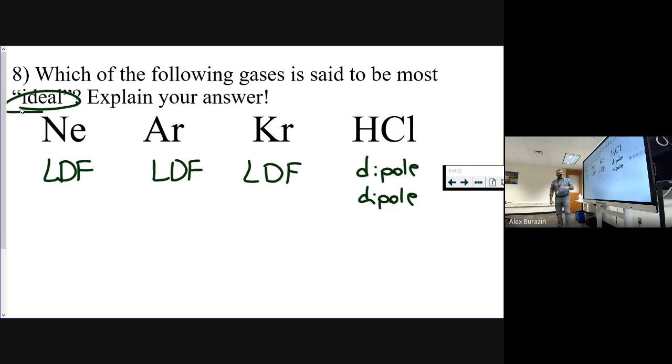So neon has the smallest mass, and therefore the least number of electrons, and therefore it has the weakest intermolecular forces. It's the most ideal. The word ideal means 0 intermolecular forces. So we want to get as close to 0 as we possibly can. This one's dipole-dipole, it's out. All 3 of these are London dispersion. So now it comes down to, which of those has the least polarizability? Which of those has the lowest number of electrons?